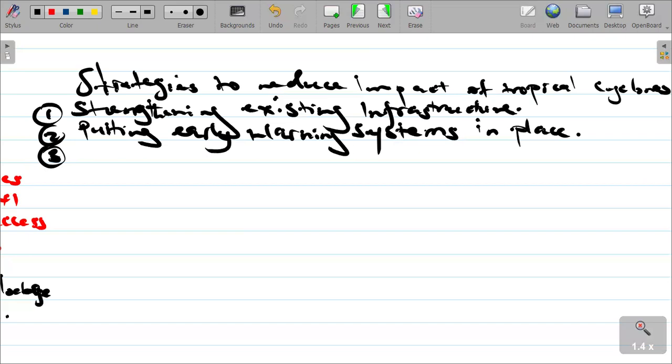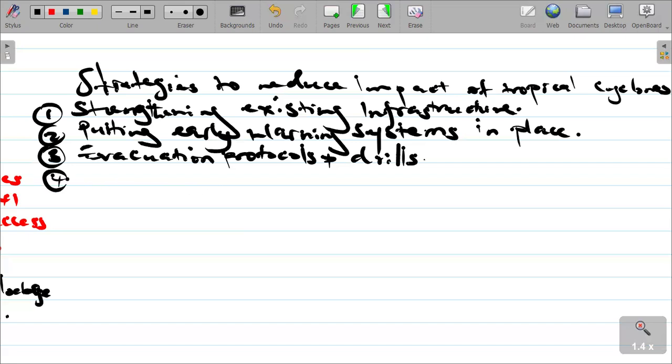And then we talk about evacuation protocols and drills, which must be education of people. They would also help our people not to be impacted quite seriously by tropical cyclones. We can also talk about building above flood lines or coastal zoning.